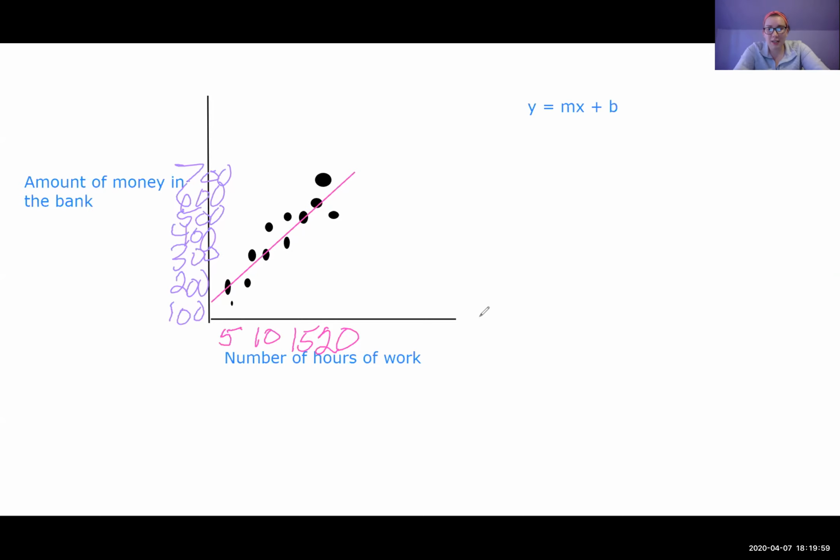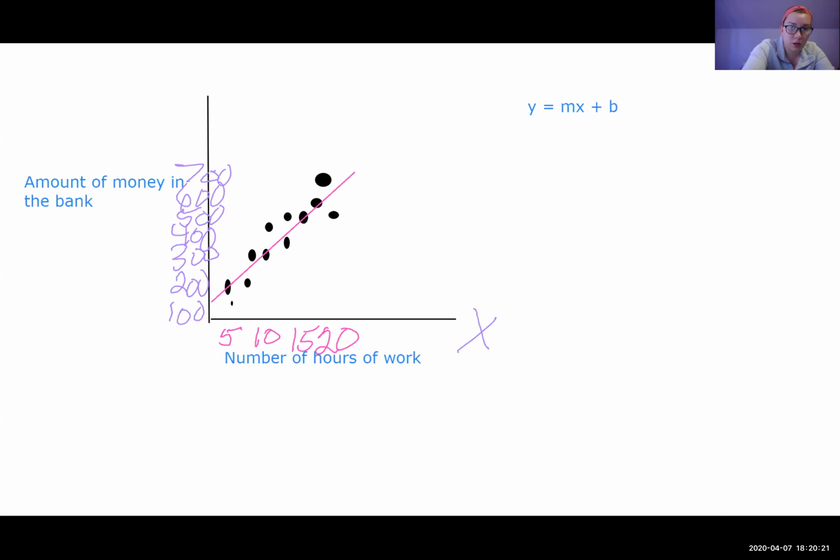Remember, our independent is our x, which equals our independent. Is your x. And then your dependent depends on your x.